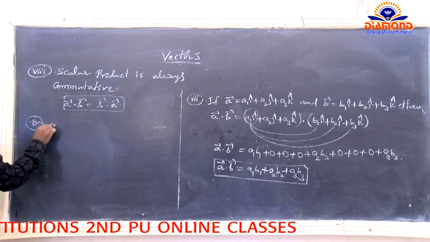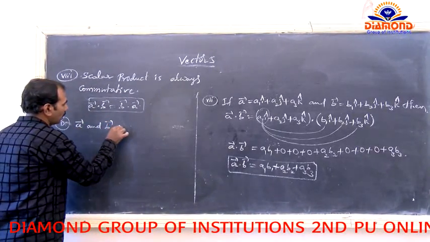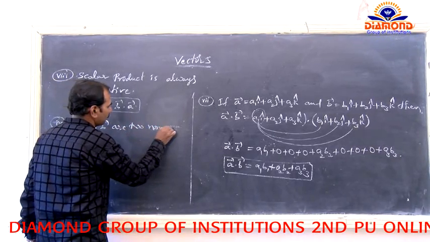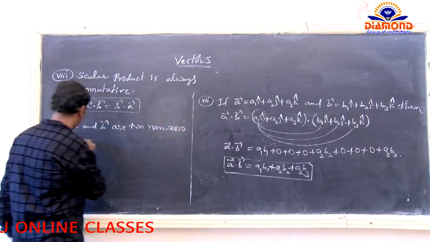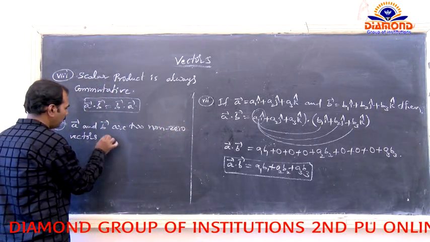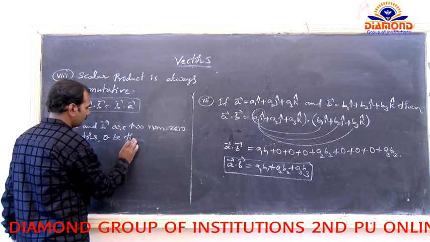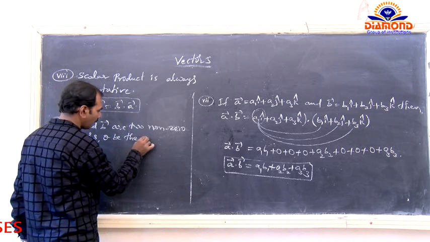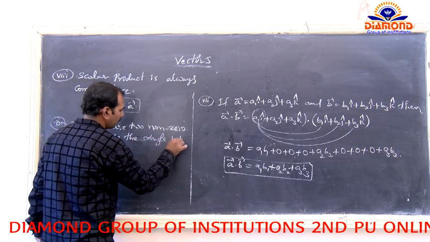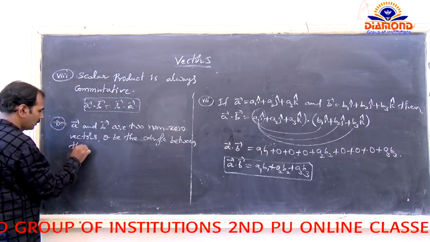Next, the ninth condition, a very important one. A bar and B bar are two non-zero vectors, and theta is the angle between them.